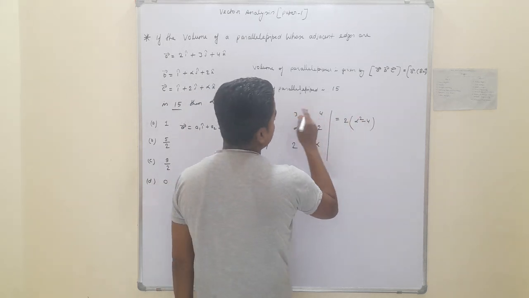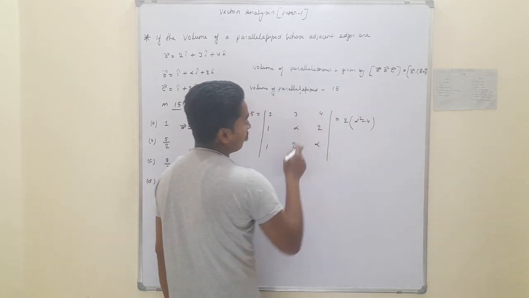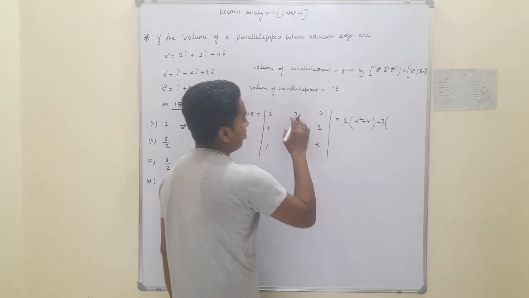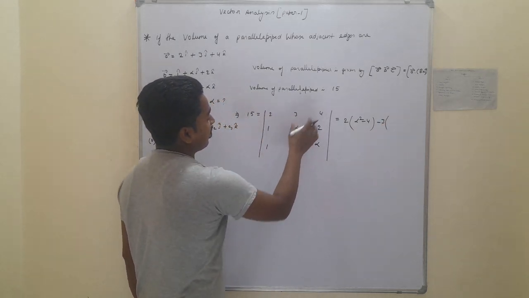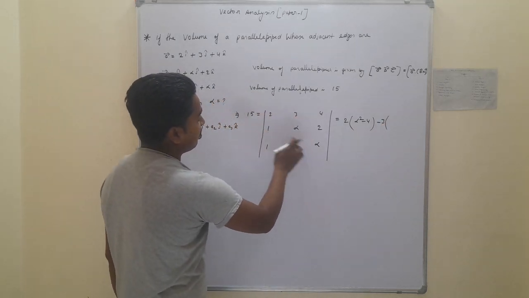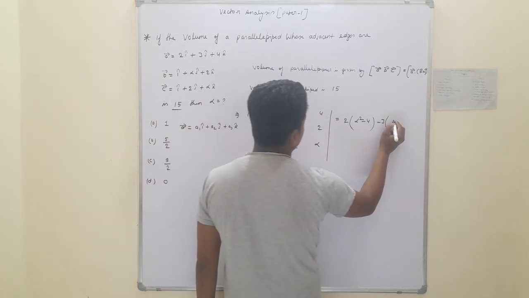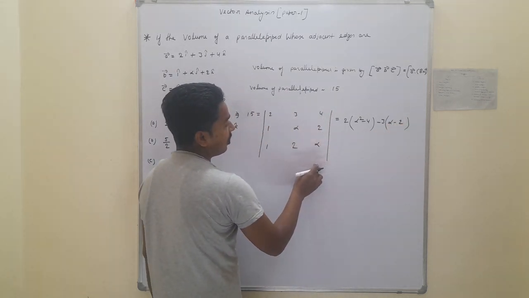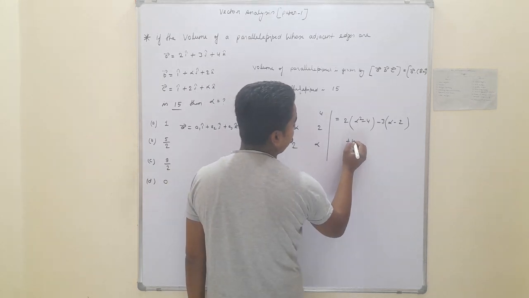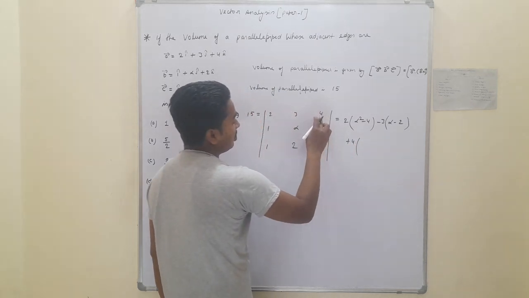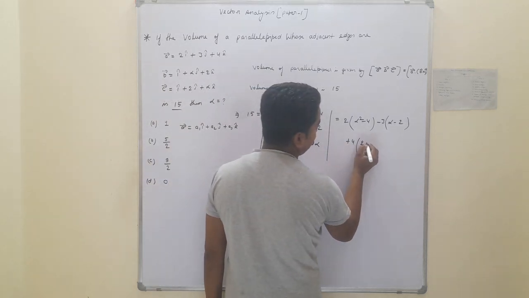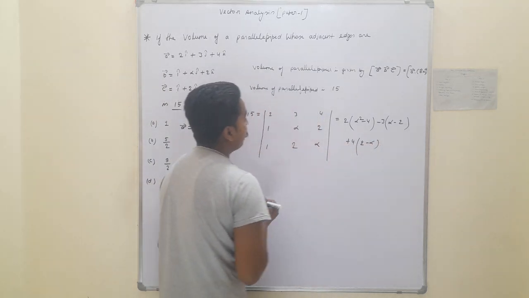Similarly for the second column, minus 3, and removing its row and column, the operation gives alpha minus 2. For the third column, plus 4, and the operation gives 2 minus alpha.